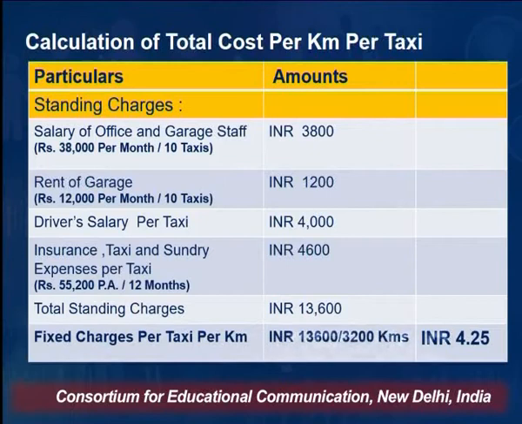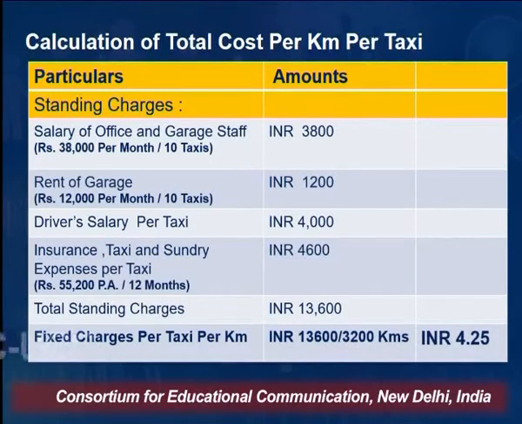Rent of garage is 12,000 per month, and you have 10 taxis. It is again a monthly cost, 12,000 divided by 10 taxis. So effective rent for one taxi comes to be rupees 1,200. Driver salary per taxi is given in the question, rupees 4,000, so it does not require any further calculation.